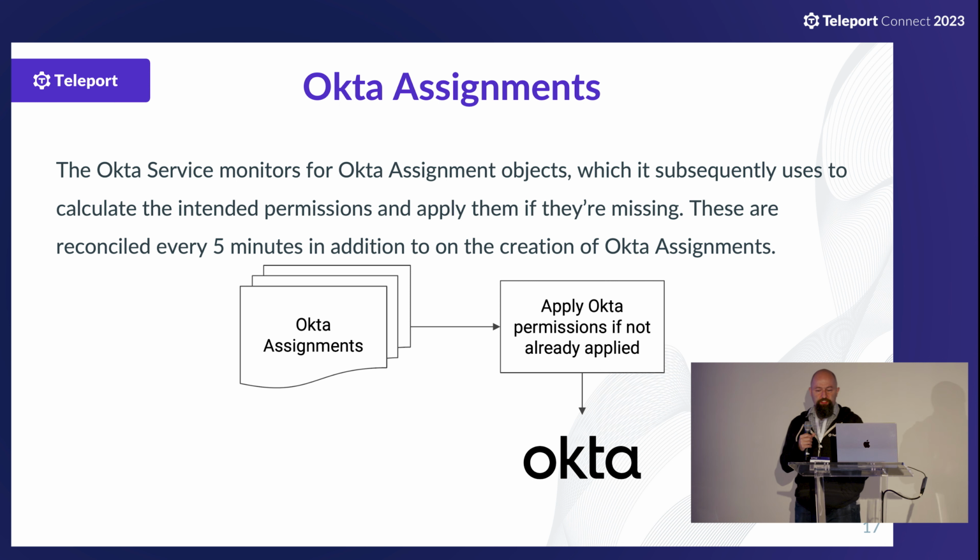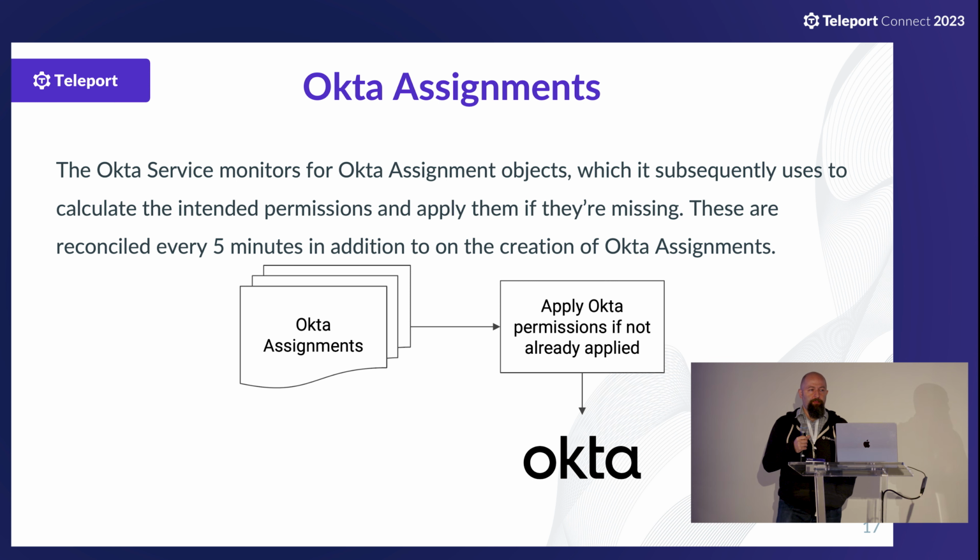So, as I mentioned, Okta assignments are used to calculate what assignment should be made within the Okta API. This is done on demand, so when an Okta assignment is created, the Okta service will monitor for these and then take action immediately, but every 5 minutes, these are also reconciled. So we'll check against the Okta API to make sure that nothing has gone out of sync.